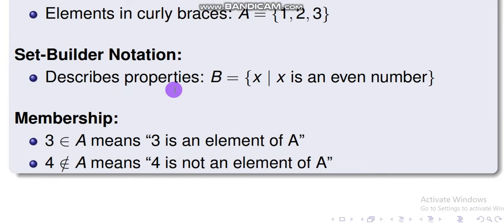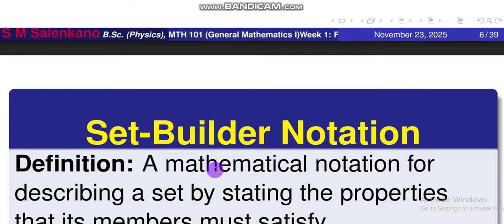If you go back a bit, you see X is the variable, and this is the condition that the variable must satisfy, that X is an even number. Okay.